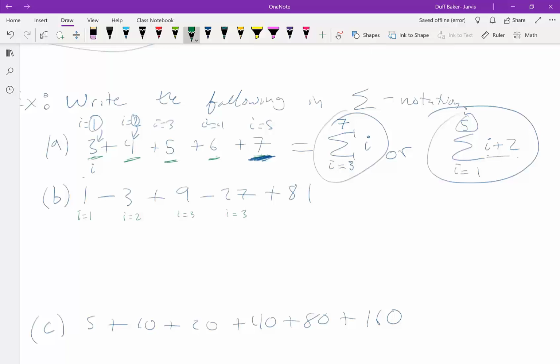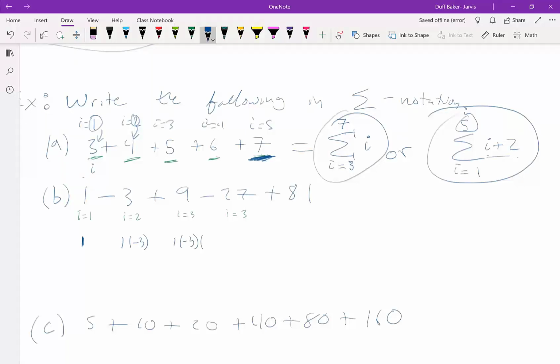And something that can help you see this is, if you start with the first term, how did you get to the second term? Well, it would be 1 times minus 3, right? And then how did you get from 1 times minus 3 to plus 9?